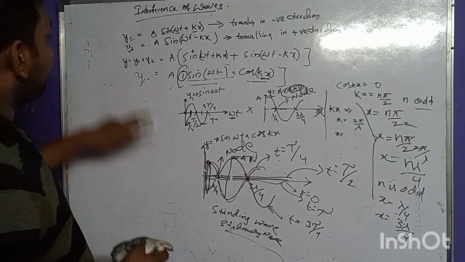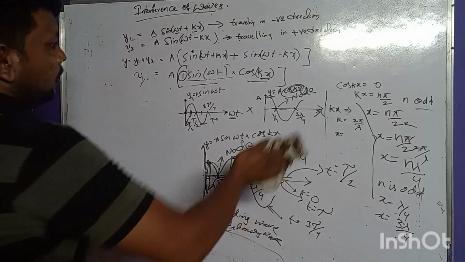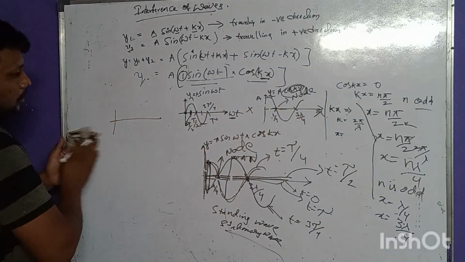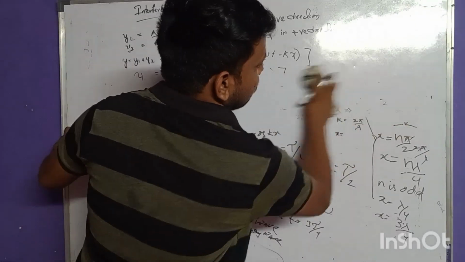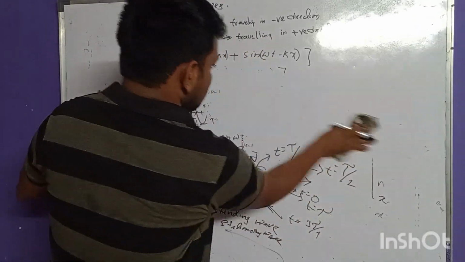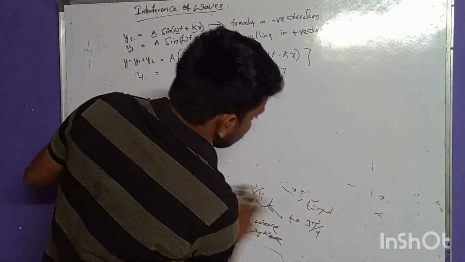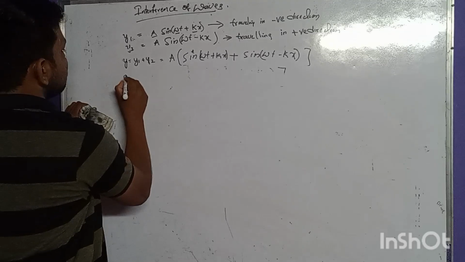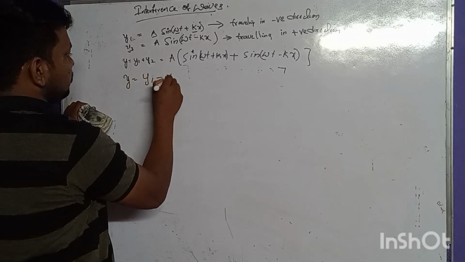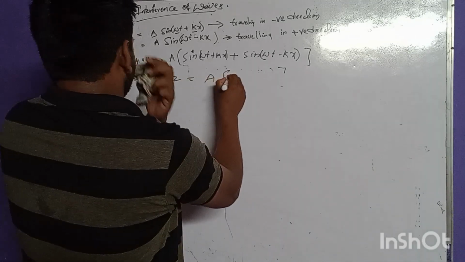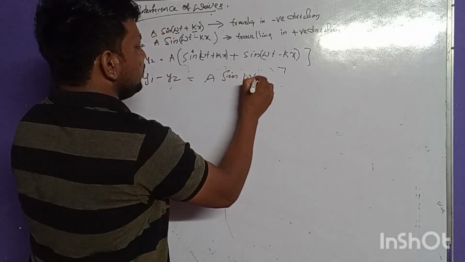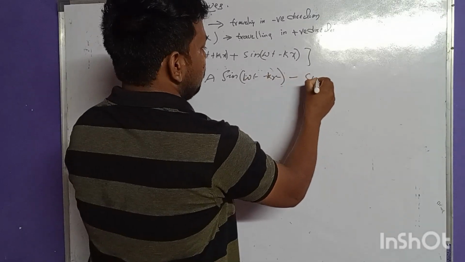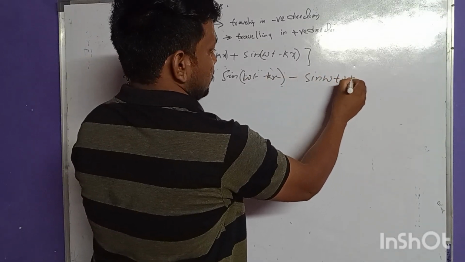What happens when I subtract these waves? When I subtract these waves, what do I get? y is equal to y1 minus y2, A sin(omega t minus kx) minus sin(omega t plus kx).